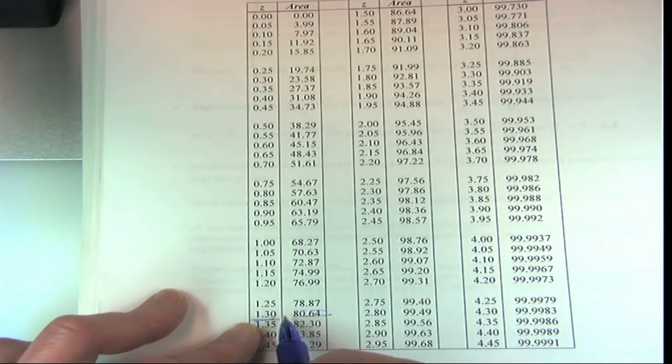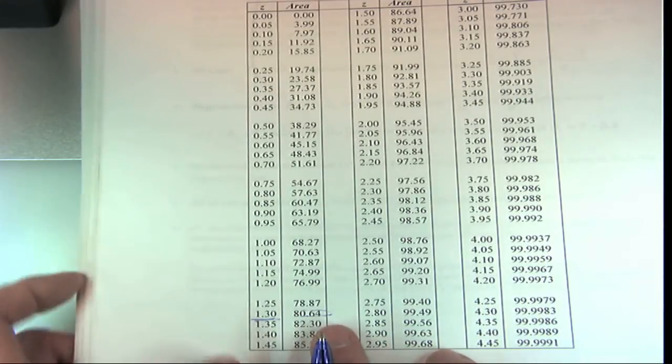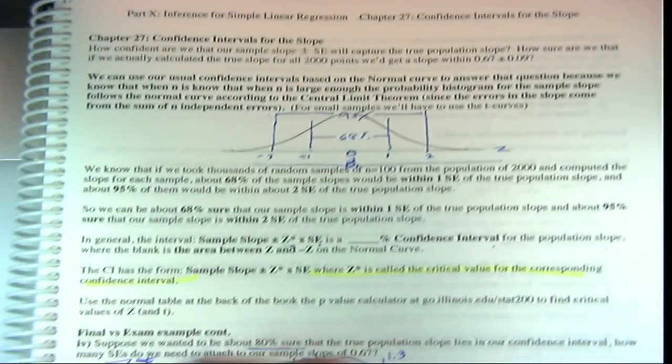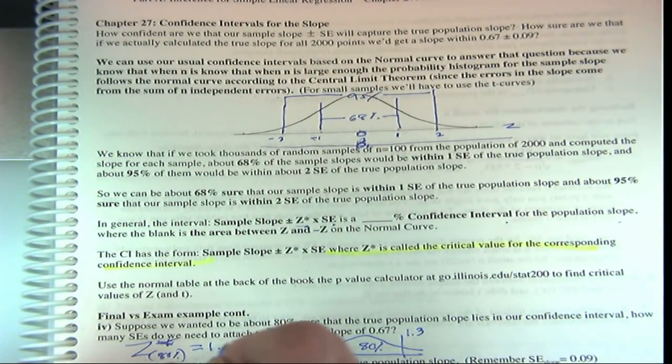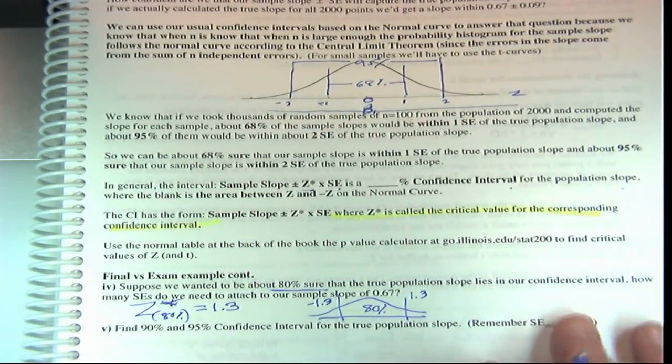It's really probably 1.28. We could use our P-value calculator, we'll look at it later. But for now, let's just round to 1.3. So between 1.3 and negative 1.3, z star is 1.3. It's the positive one, you just say.